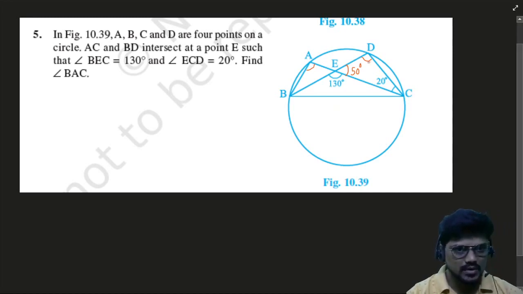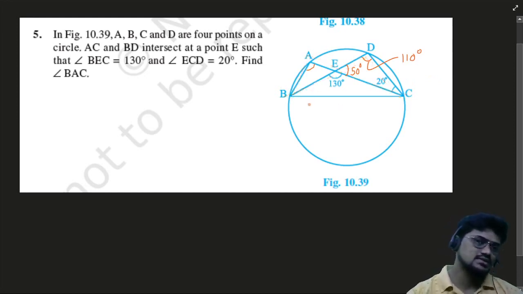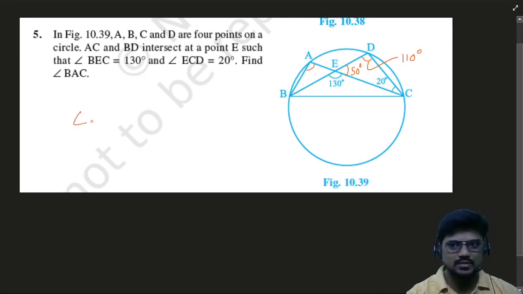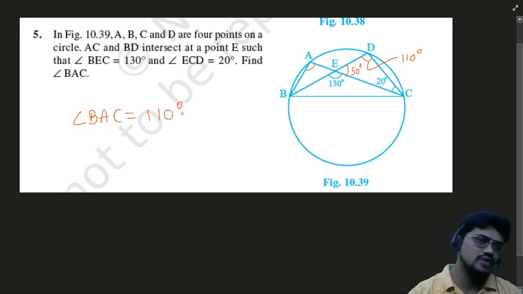Exactly. So this will be 110 degrees. And if this is 110 degrees, we can see that BDC and BAC are angles in the same segment. Therefore, angle BAC will be how much? 110 degrees. Understood, everyone? You have to write with all the reasons.